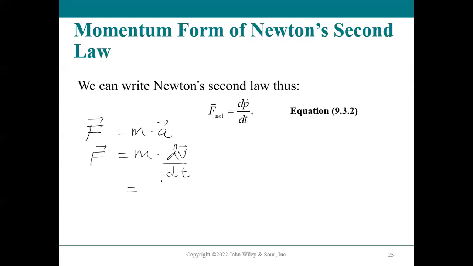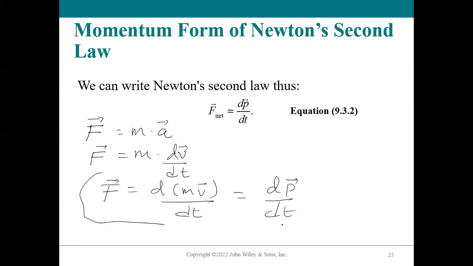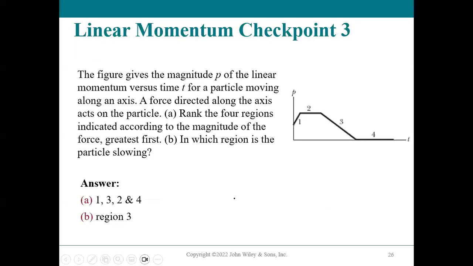We can say d(mv)/dt, right? If mass is relatively constant, we can take mass out, giving mass times dv/dt. So the change of m times v is the change of momentum. You can write Newton's second law as the rate of change of momentum with respect to time.